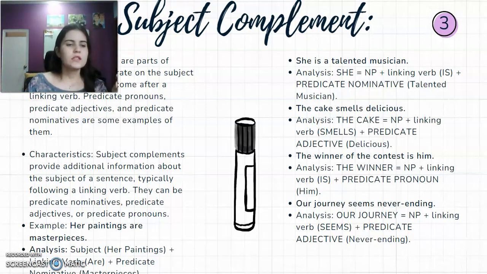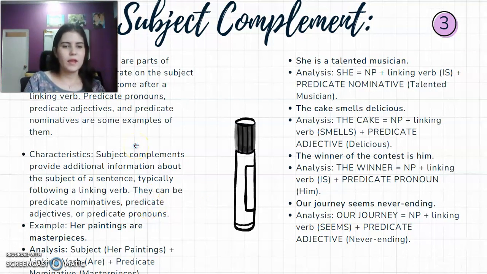It characterizes the subject. The linking verb is fundamental: we're going to have the linking verb and the predicate nominative. This also helps us give additional information about the sentence, or about the person who makes the actions in the sentence.